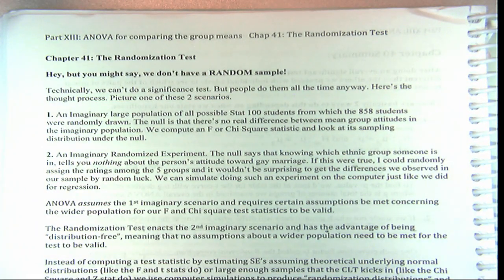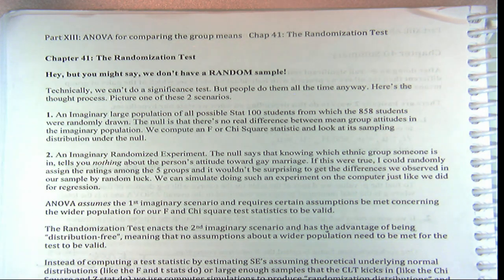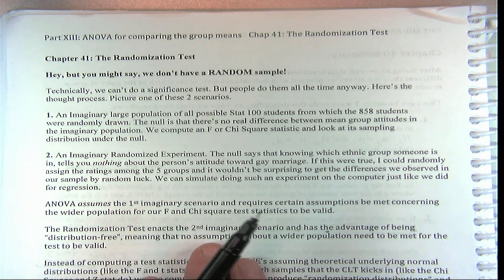We're going to do a randomization test, and you're very familiar with it. It's the same idea as we already did with regression, the same idea as in chapter 37. I'm just going to do it again.